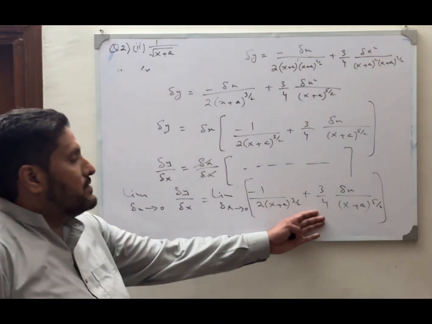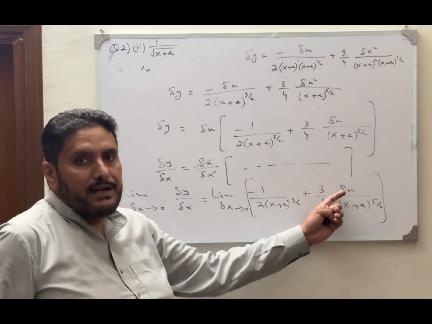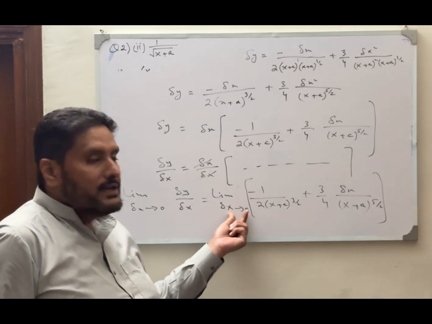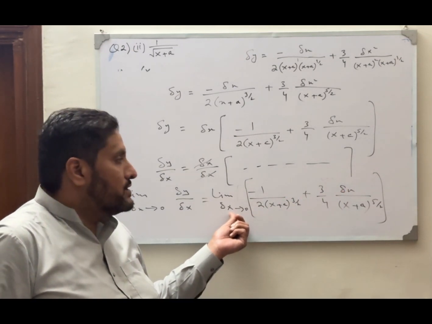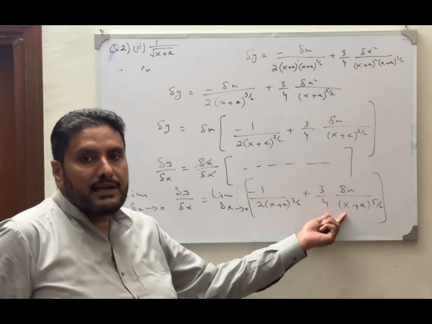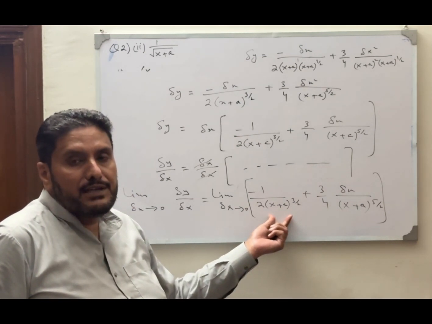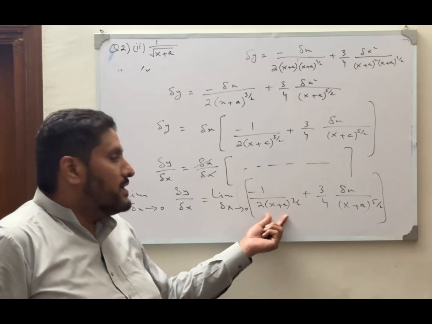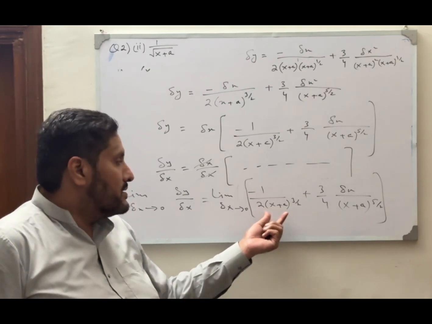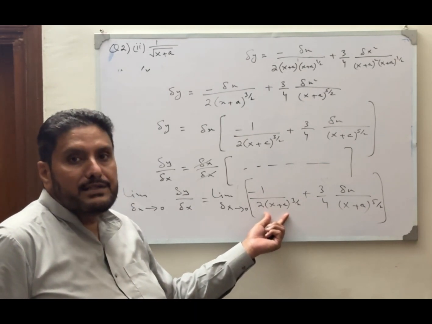So out of these two terms, in the second term we have delta x involved. So in the limit of delta x approaches 0, the second term will become 0. So we only have the first term in which there is no delta x involved. So that will be treated as a constant term in which no limit is applied.